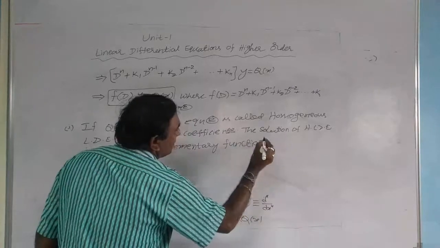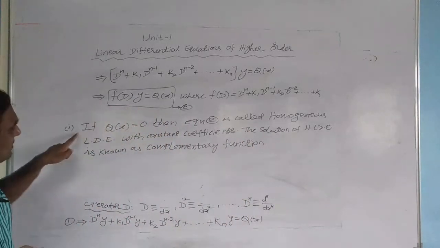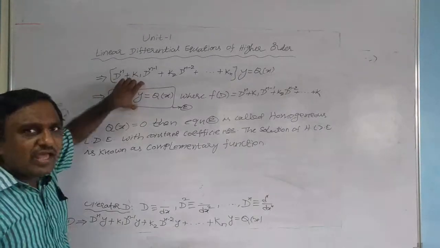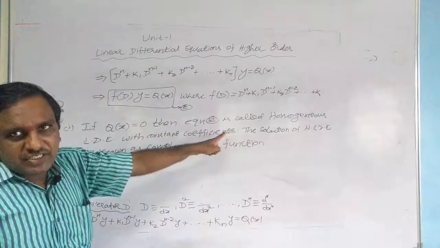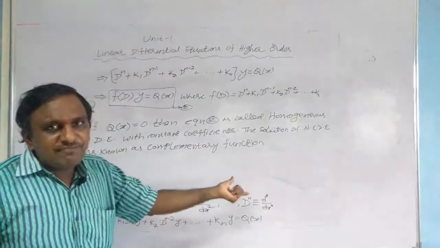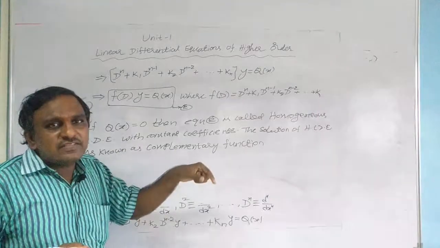Right? See that here we have two cases. What is the first case? If Q of x is equal to 0, then this linear differential equation is called a homogeneous linear differential equation. The solution of a homogeneous linear differential equation is called the complementary function. How to find this, we can see later.